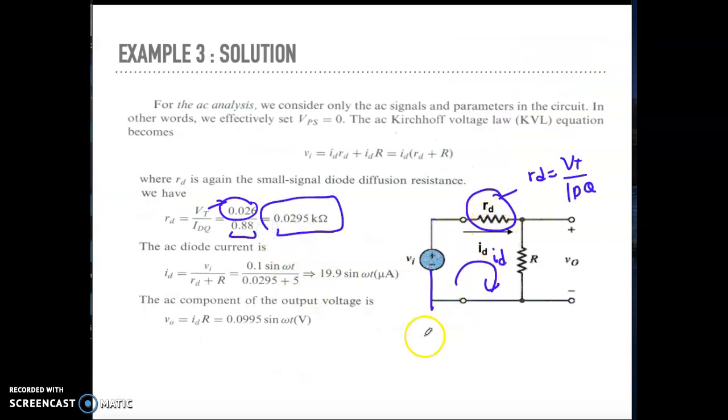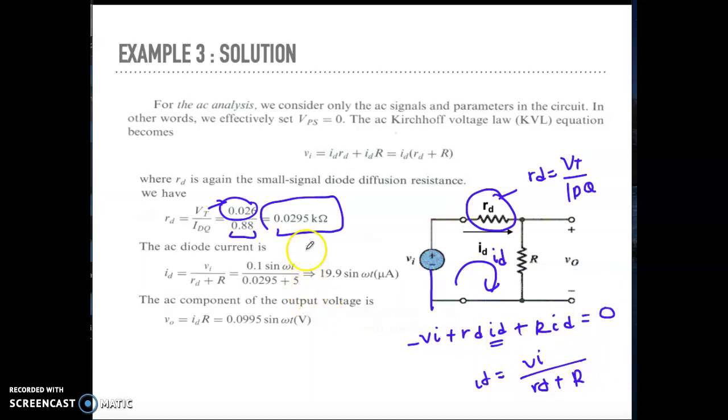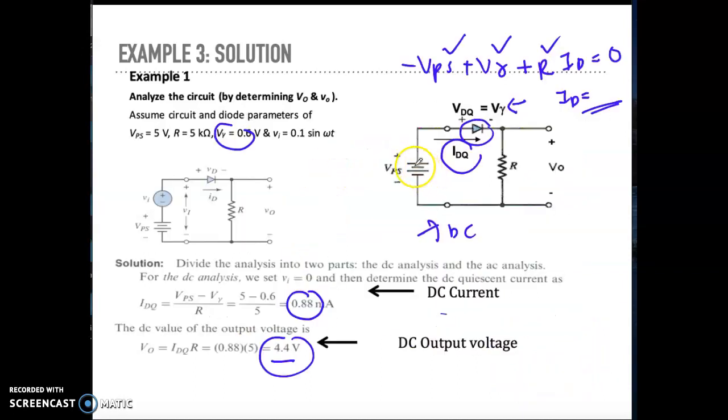Once you have your RD, you just use KVL: minus VI plus RD small i small d plus R small i small d equal to 0. This one must be small letter because this is AC. So then you can get your ID equal to V in divided by RD plus R. So what is your VI? VI must be a sine because this is an AC voltage.